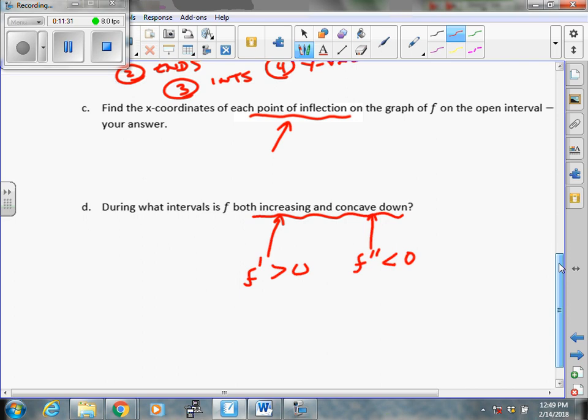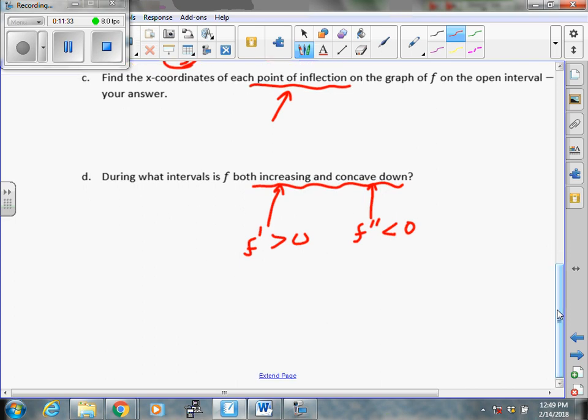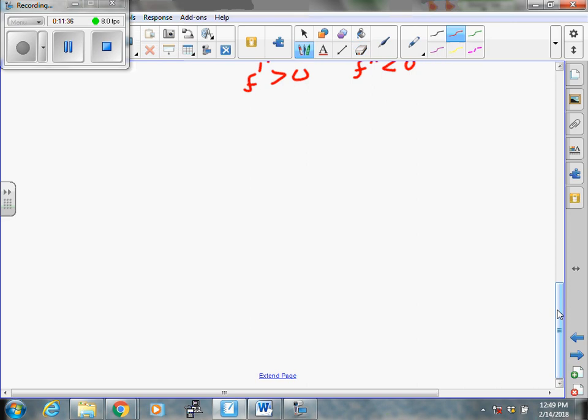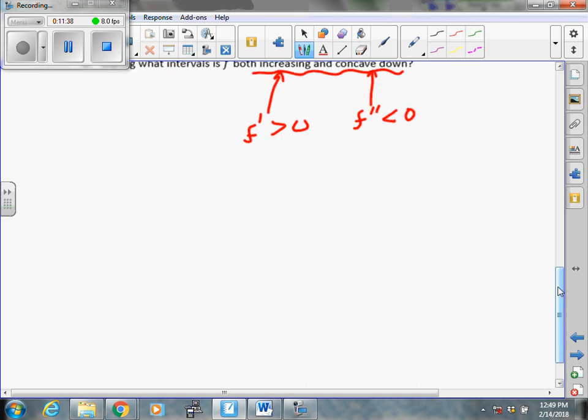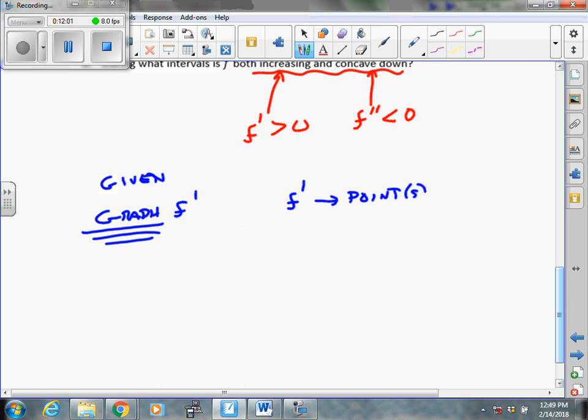Now again, this is referring to a graph, so 2 key points. If I give you the graph of the derivative, then when I'm looking for the f-tick, I'm looking at points on the curve, not slopes.